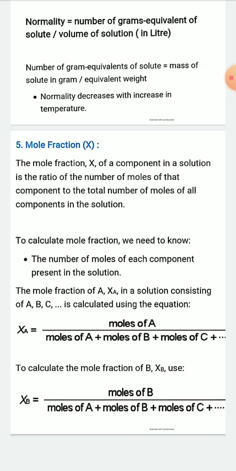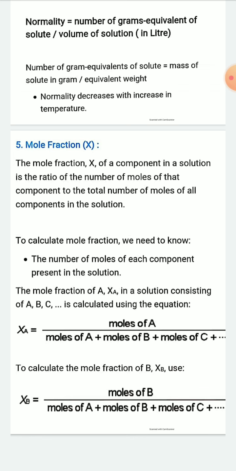If the mole fraction of A is XA, then XA is equal to moles of A divided by moles of A plus moles of B plus moles of C. Similarly, the mole fraction of B, XB, is equal to moles of B divided by moles of A plus moles of B plus moles of C.